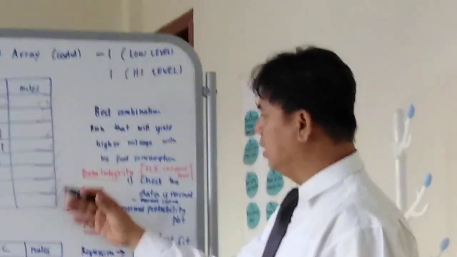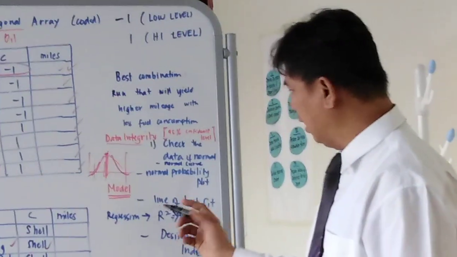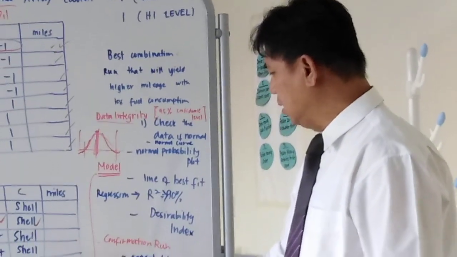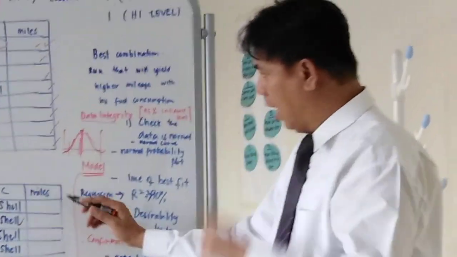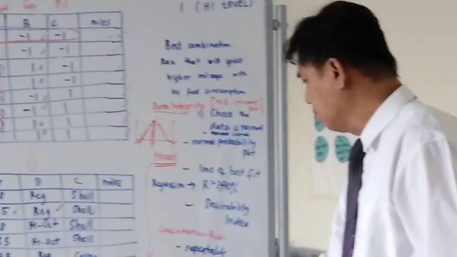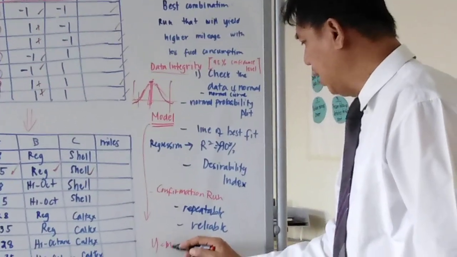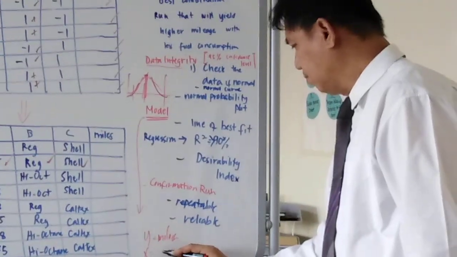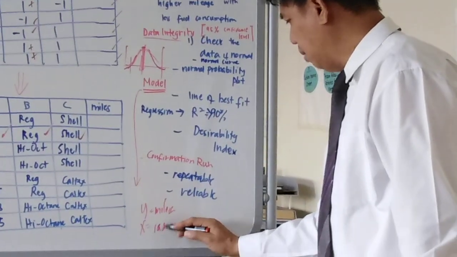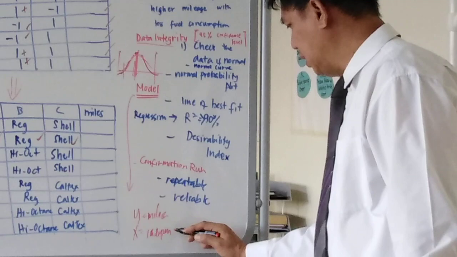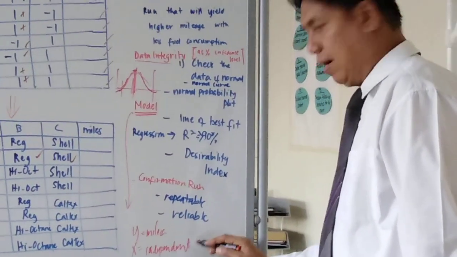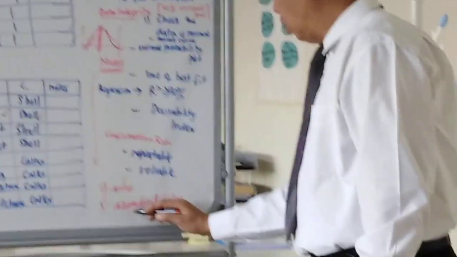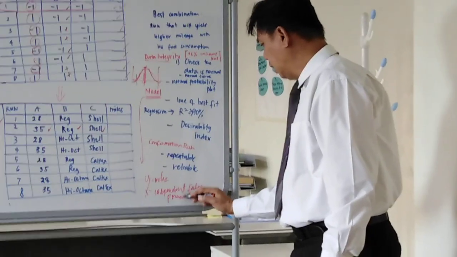Then when we do the modeling, when I say modeling, it is the output. For example, here the output is mileage: Y is the mileage, and X are the independent factors or parameters.